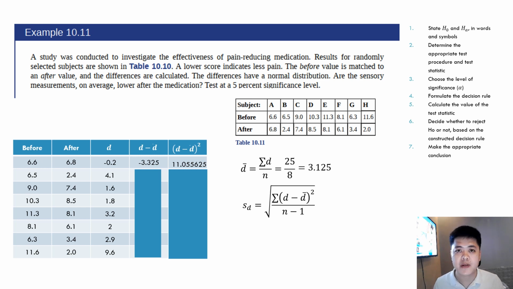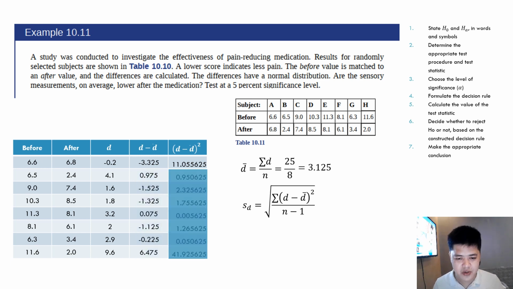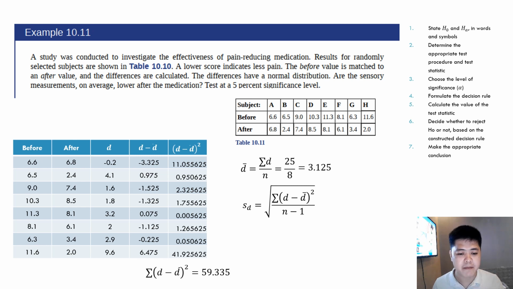That's negative 3.325. And then you do it for everyone. Then after getting the difference, you have to square it. Small number ito, pero madaming decimal places. Then you'll get everything, square nyo, and then finally get the sum sa pinakadulo. So, I got 59.335. Yung isa-substitute natin dito: square root of 59.335 divided by 8 minus 1, and you'll get 2.9114.